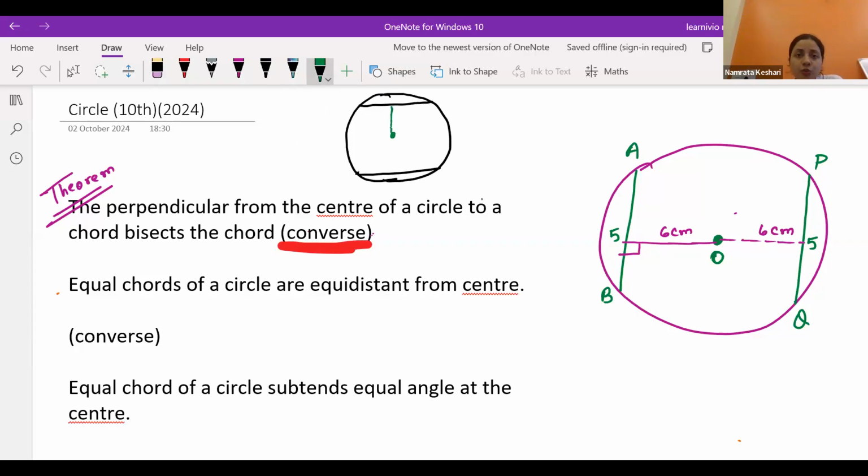You don't have any information about the chords, but you know the perpendicular distance from the center is 5, and the other one is also 5. Then you can say that these two are not random chords, these two chords will be of the same length. Getting it?